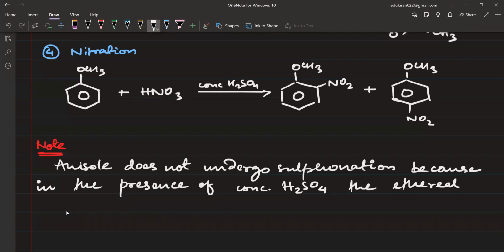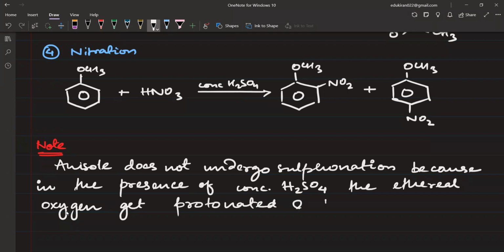The ethereal oxygen gets protonated and the benzene ring becomes deactivated.